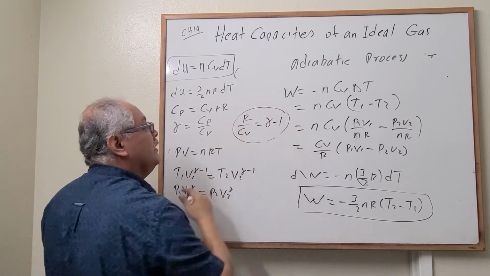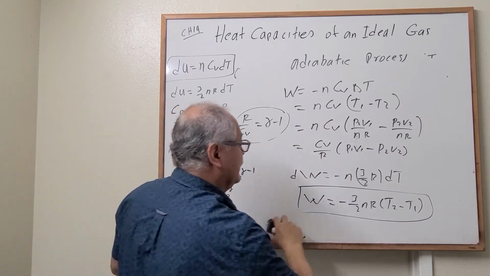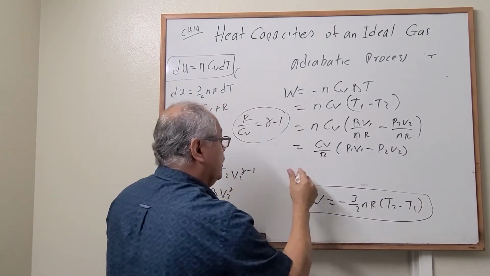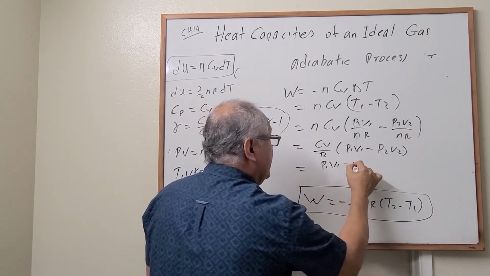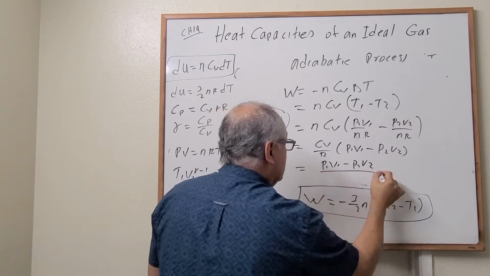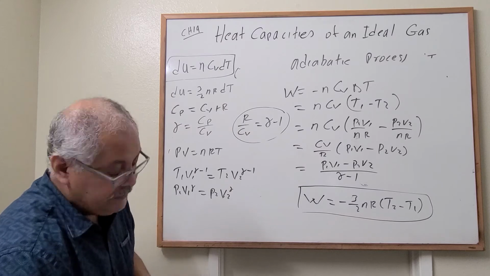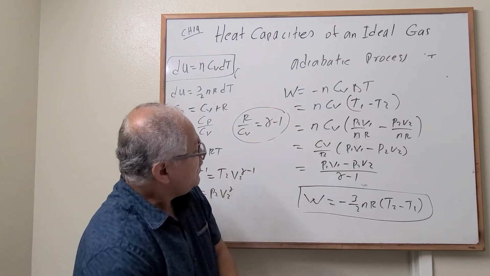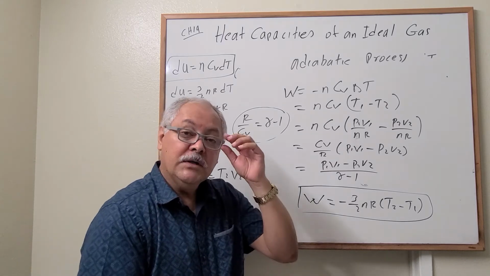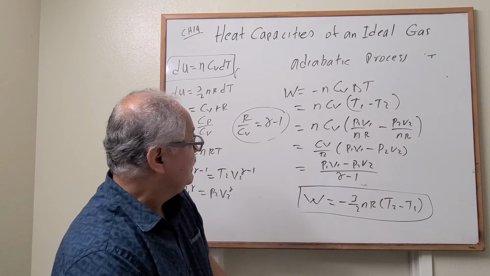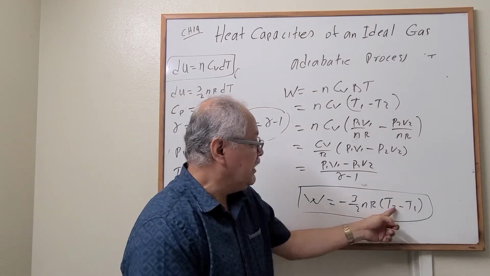Now we apply this condition right here, and then the work can also be represented in this way: P1 V1 minus P2 V2 divided by gamma minus 1. Correct? This is another way we represent the work done in an adiabatic process, when we have pressures and volumes, or when we have a change in temperature.